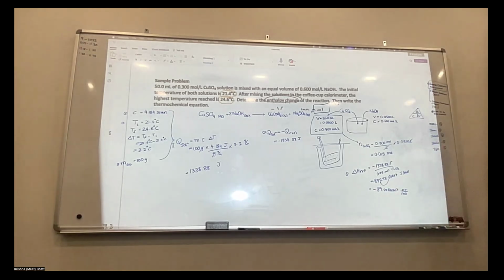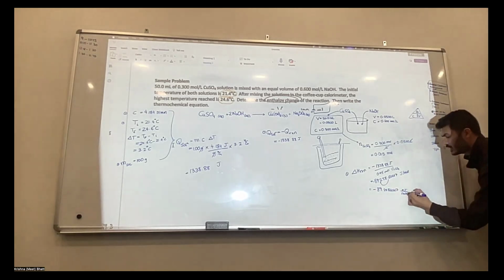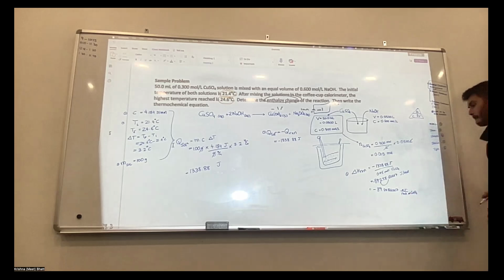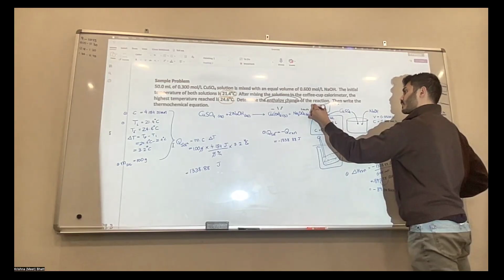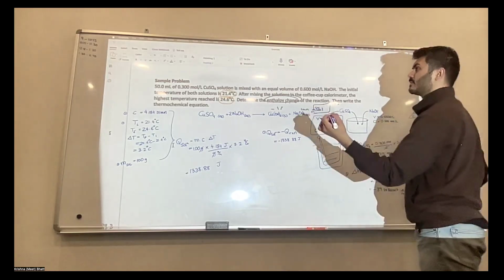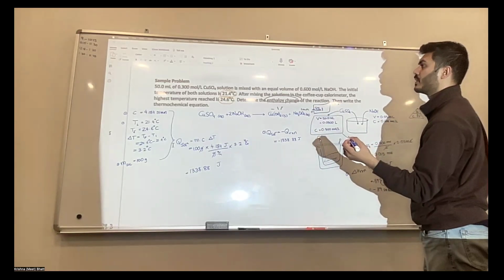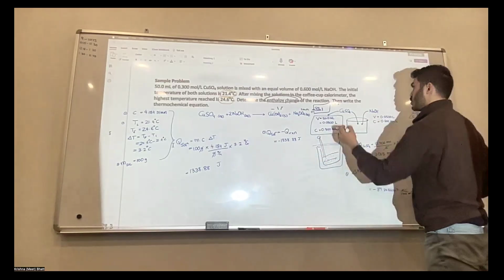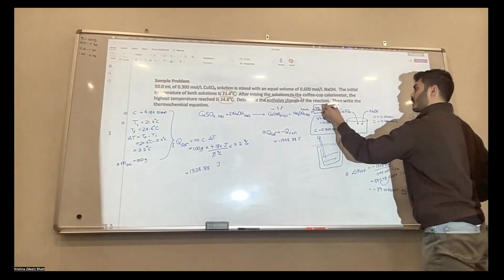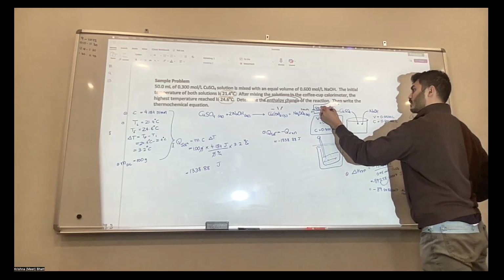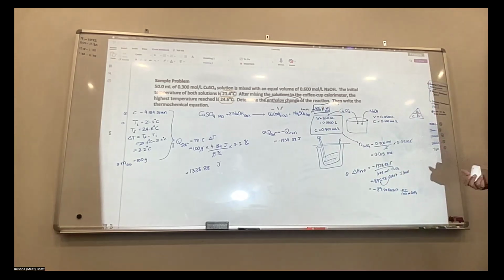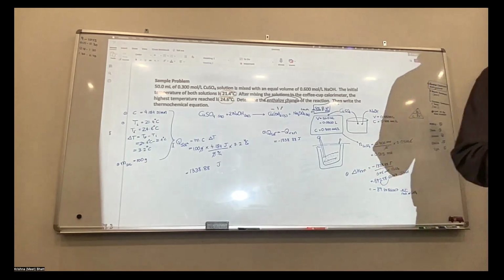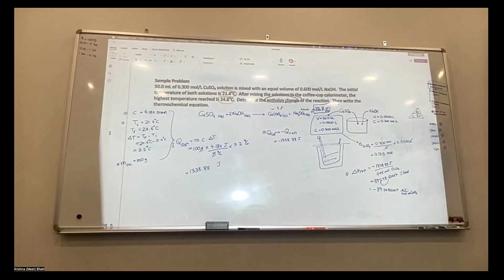Mole of what? Mole of CuSO4. And that's what I'll put over here. Significant figures: 1, 2, 3. So 89.3. Done. Let me just make sure. Yeah, we are good.